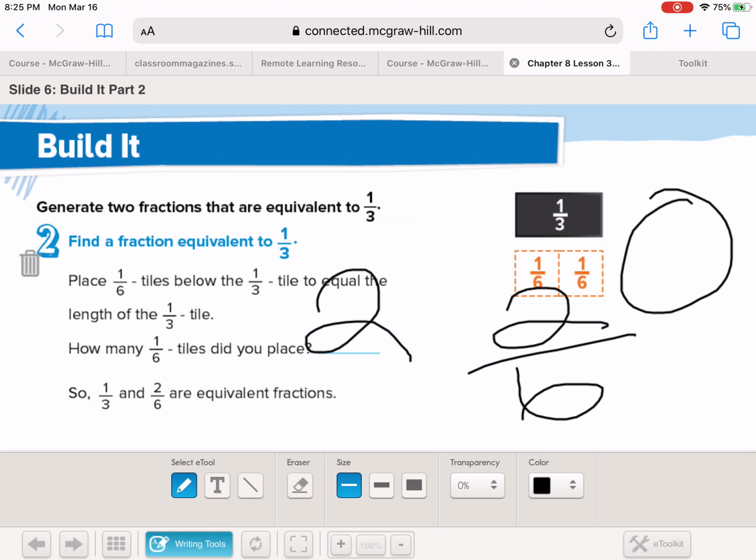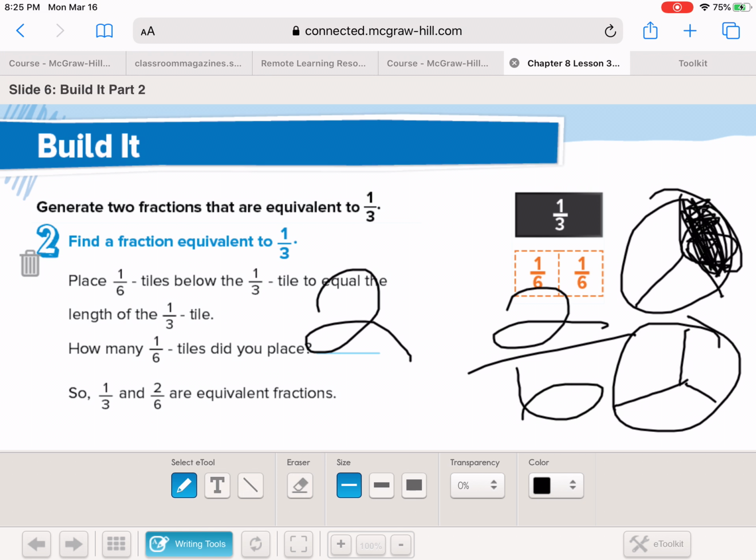Here's my pizza, okay? Here's how much I ate, all right? I only cut it into 3 pieces and I ate 1. Now I'm going to take the same pizza. I'm really bad at drawing this, so give me a break. Oh, 1, 2, 3, 4, 5.